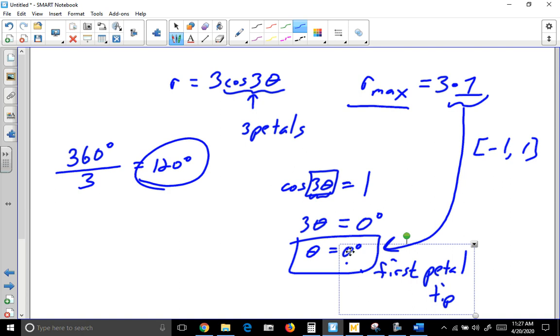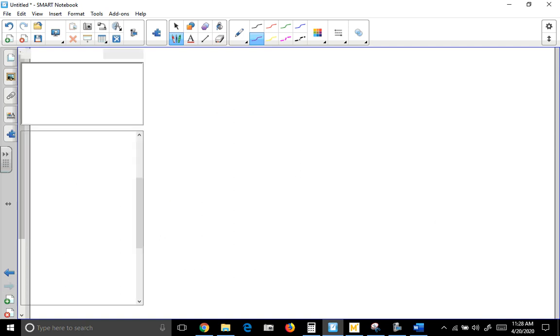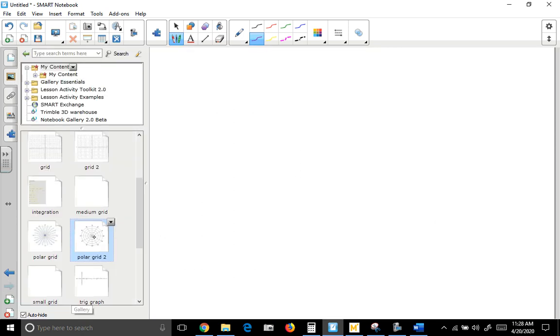So if we know where the first tip is, each subsequent petal will be rotated 120 degrees from there. Also, the maximum radius is going to be given by that coefficient. Notice if cosine is as big as possible, it's 1. 3 times 1 is 3. So if we compile all this information, we can make a sketch of this rose.